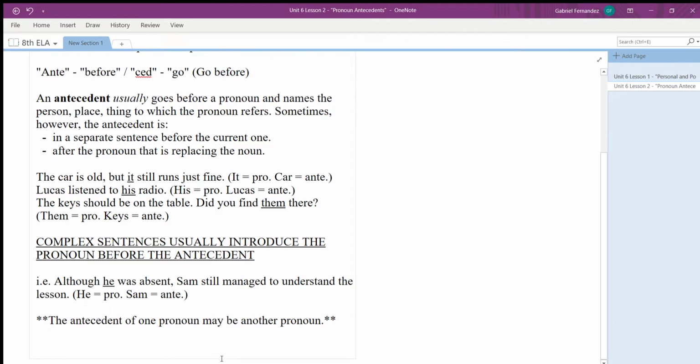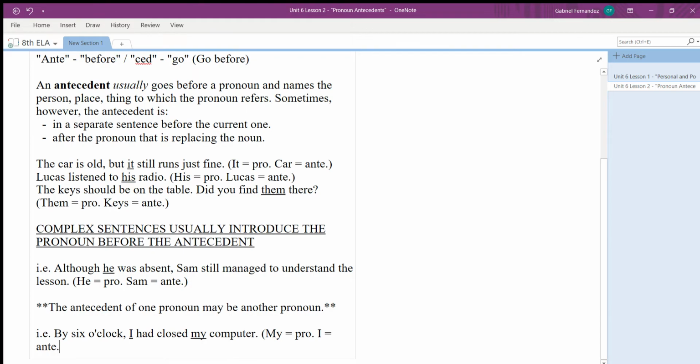An example being, by 6 o'clock, I, pronoun, had closed my computer. My is a pronoun referring to whom? I. I, in this case, would be the antecedent.